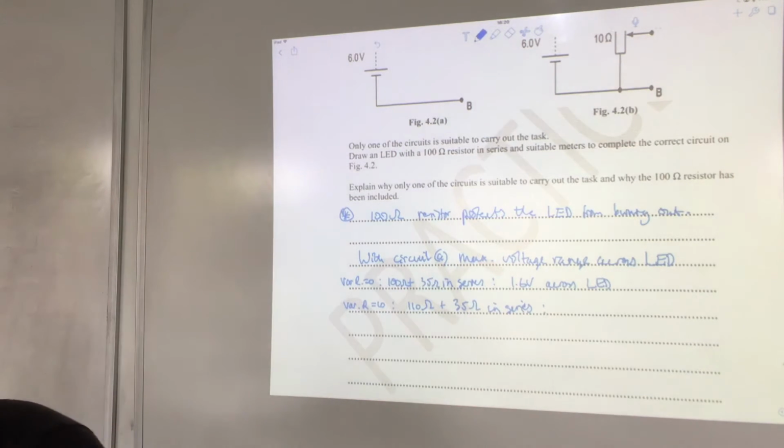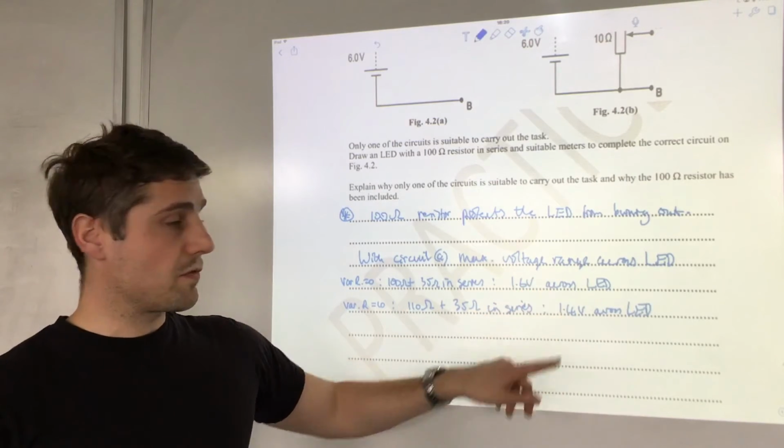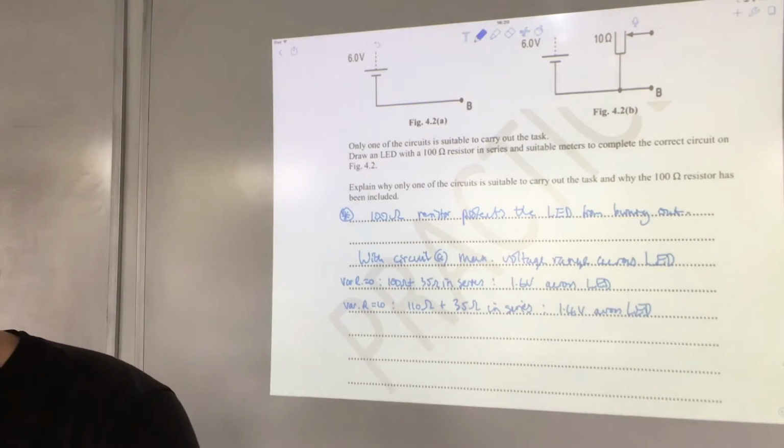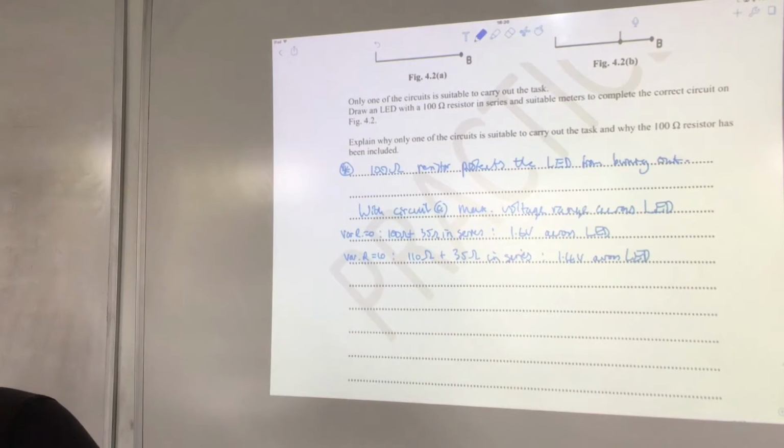That would give us 1.4 volts across the LED. So we've got a total change of about 0.2 volts. So that's a small voltage change across the LED of 0.2 volts.